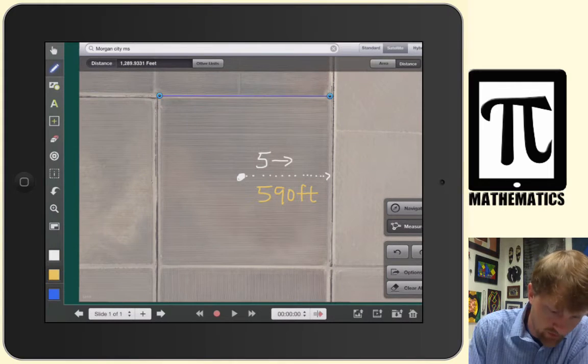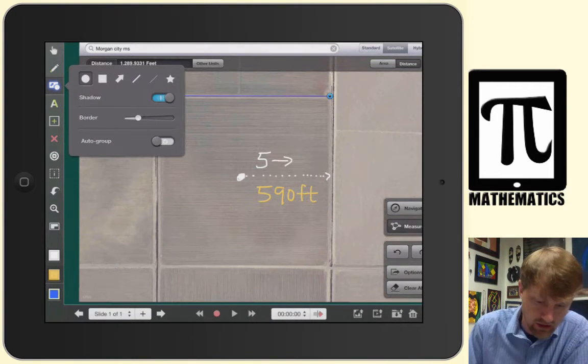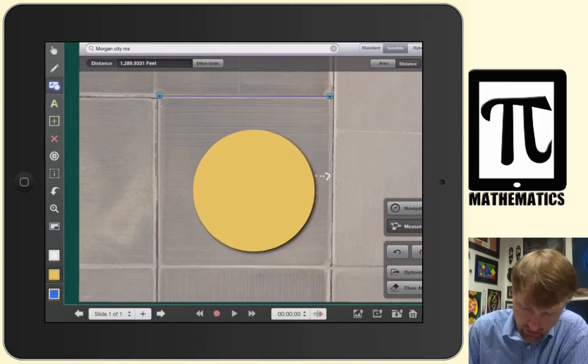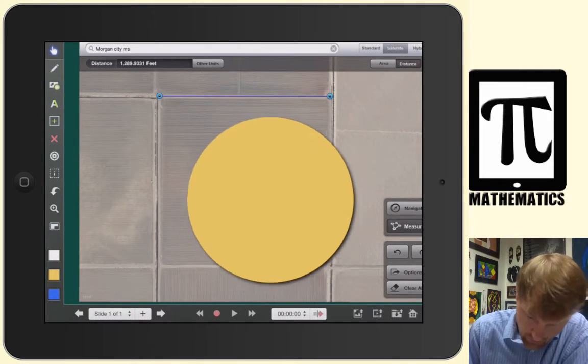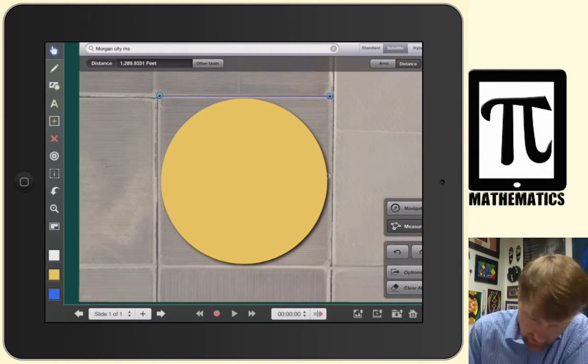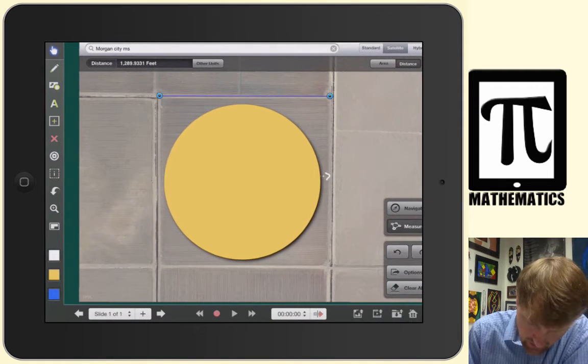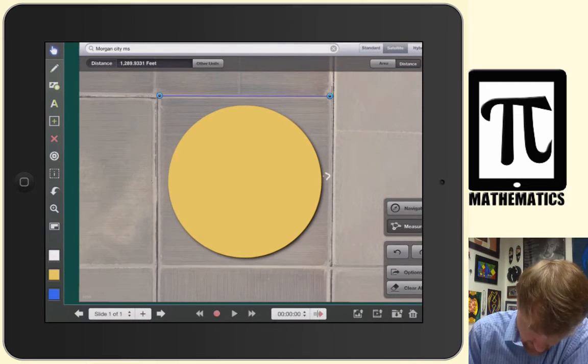So we have on this app that I'm using right now is called Explain Everything. What I can do is I can kind of create a circular area, if you will, and I can move that around, and I notice that it's not going to reach all the way to the edge. And how do we know that?